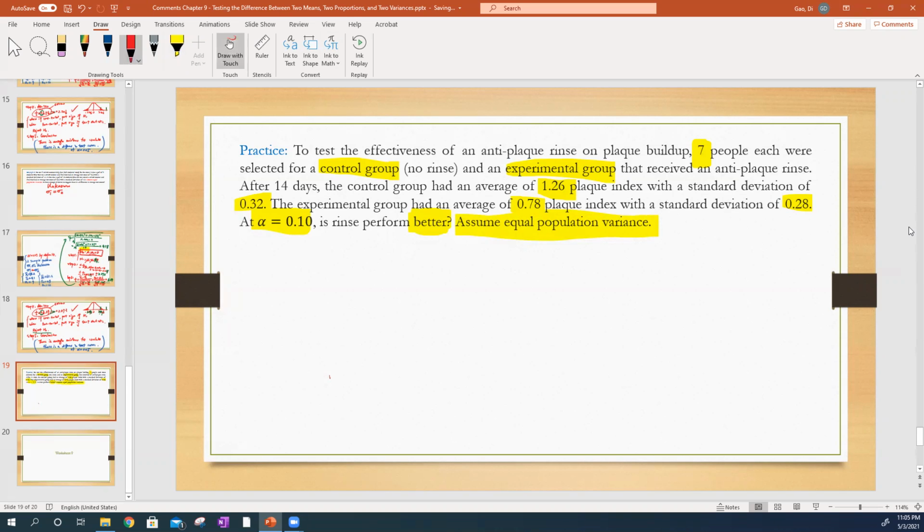So now we need to list the known information. Okay, so we first state the group. So let's say group 1, that's the experimental group.